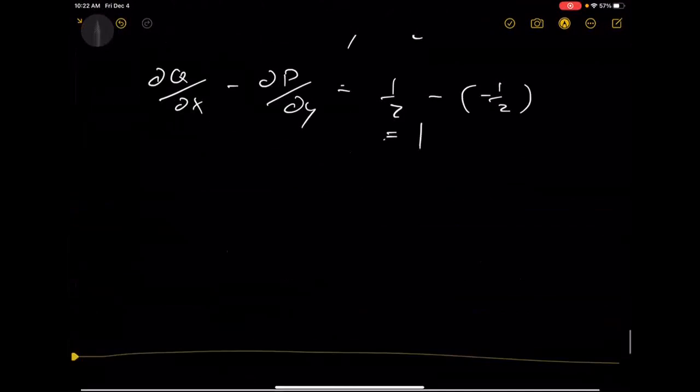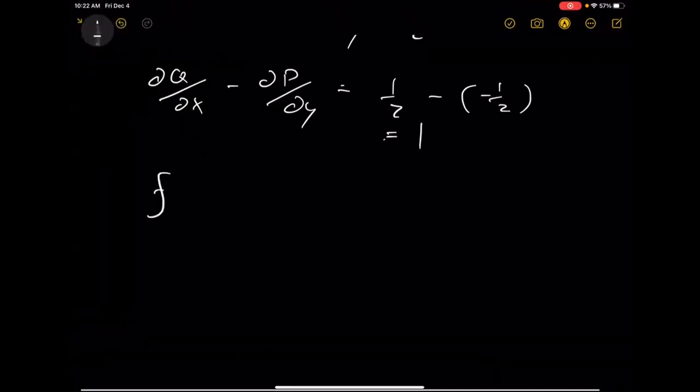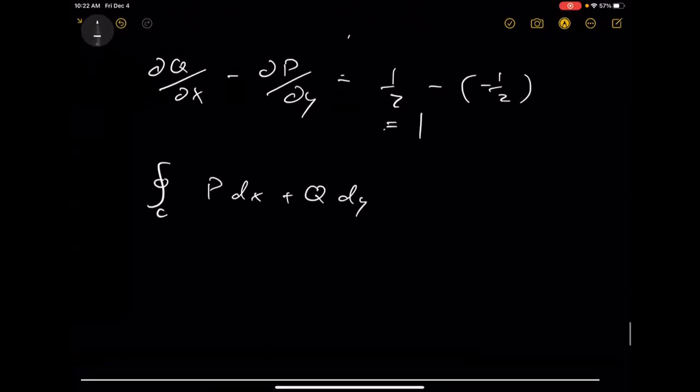So let's set up our line integral. It looks like this, right?